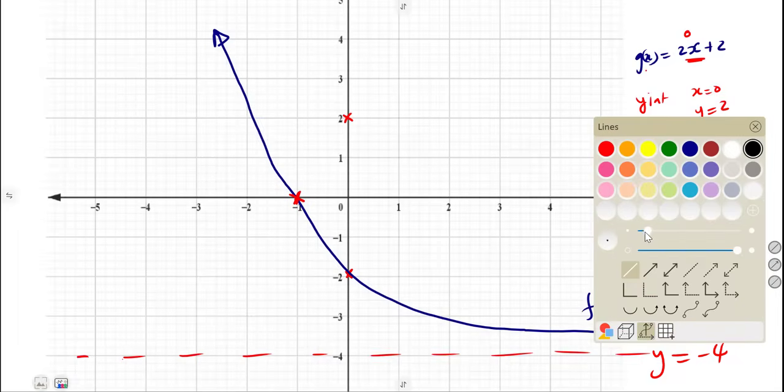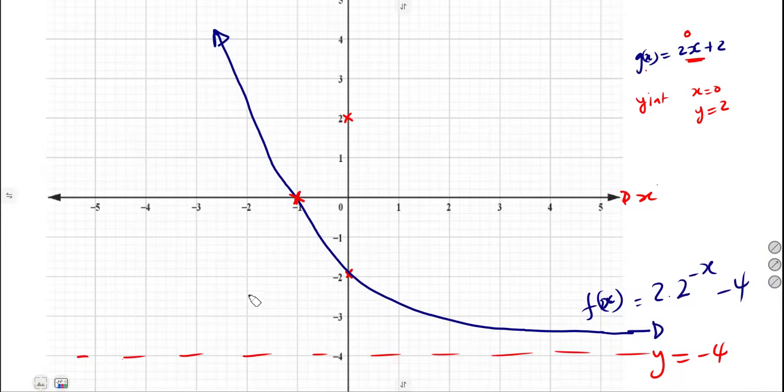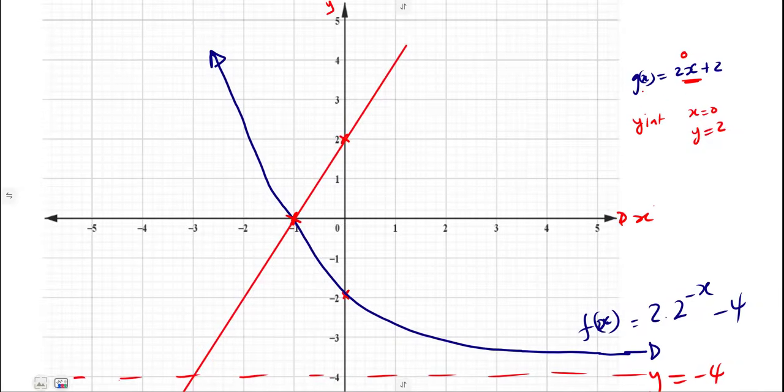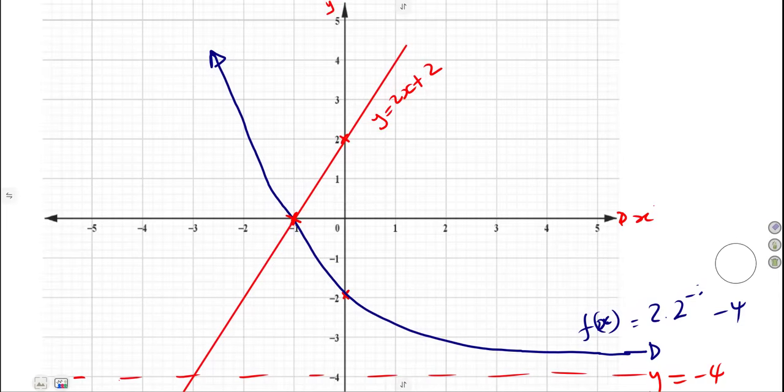So we're just going to use these two, minus 1 and 2, to have a straight line, just like that. So this is our straight line of y is equal to 2x plus 2.